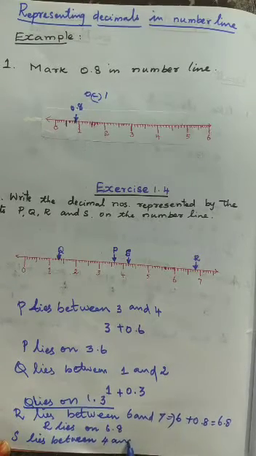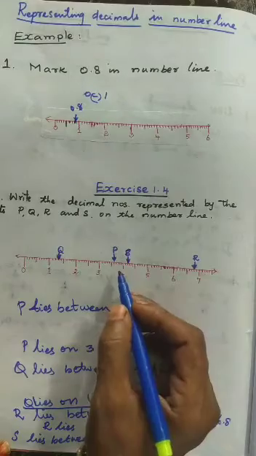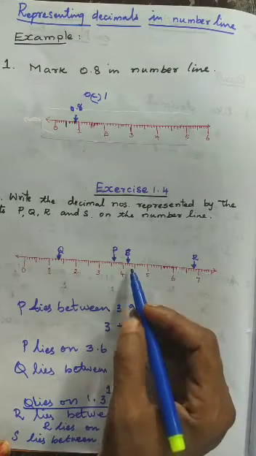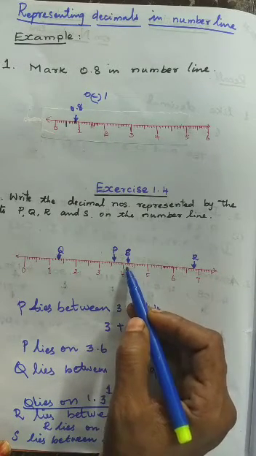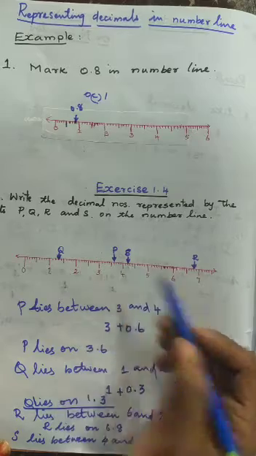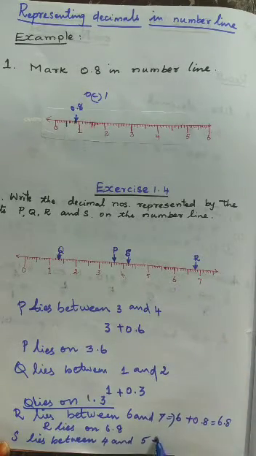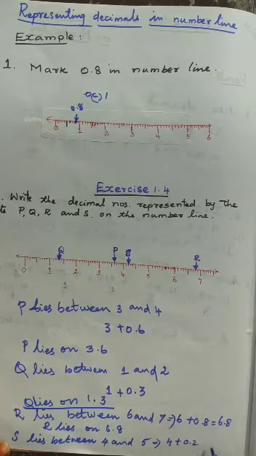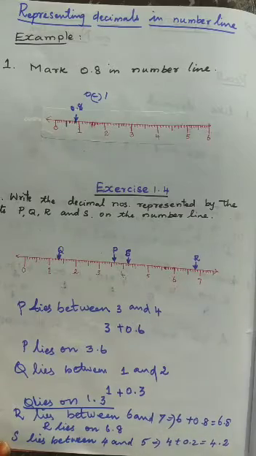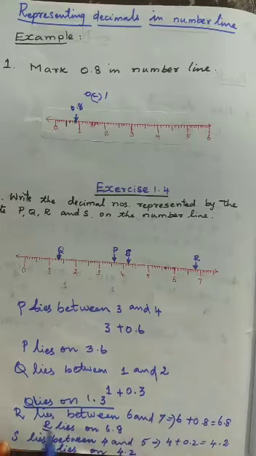Counting 0.1, 0.2, it lies on 0.2. So 4 plus 0.2 is equal to 4.2. So S lies on 4.2.